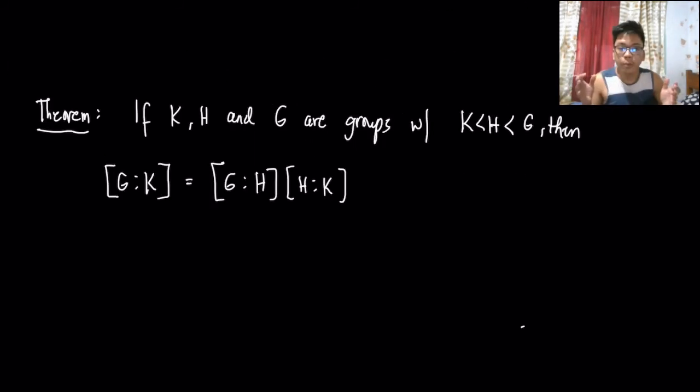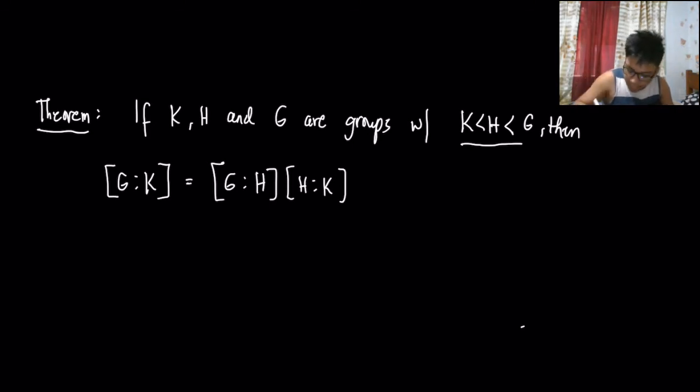That's it. So by this, we will introduce a theorem here. The theorem says that if you have three groups, K, H, and G, with the condition that K is a subgroup of H and H is a subgroup of G, then we have this equality.